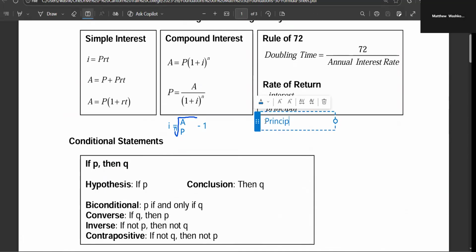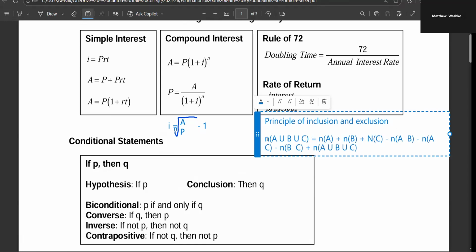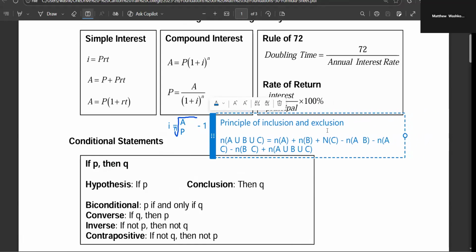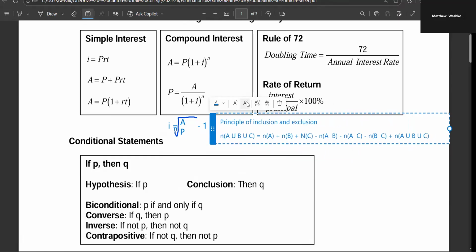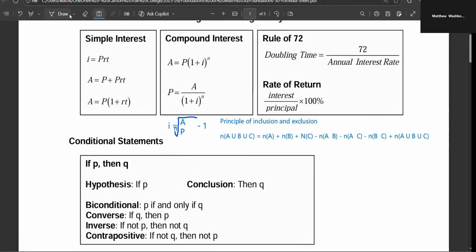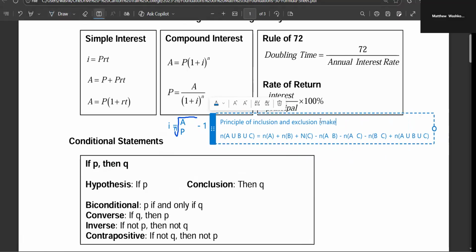So this is the principle of inclusion and exclusion. I'm going to make this smaller just so it fits. Right? And if you want to reference, what is this? It makes sure things are counted once.